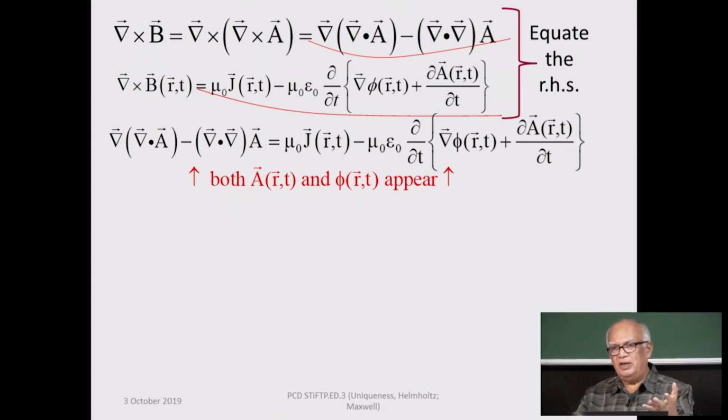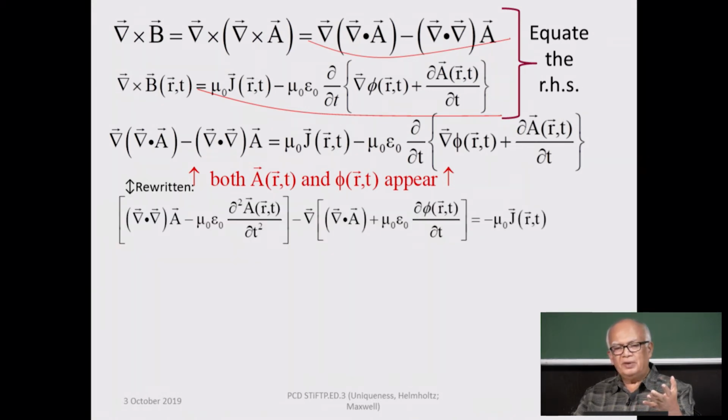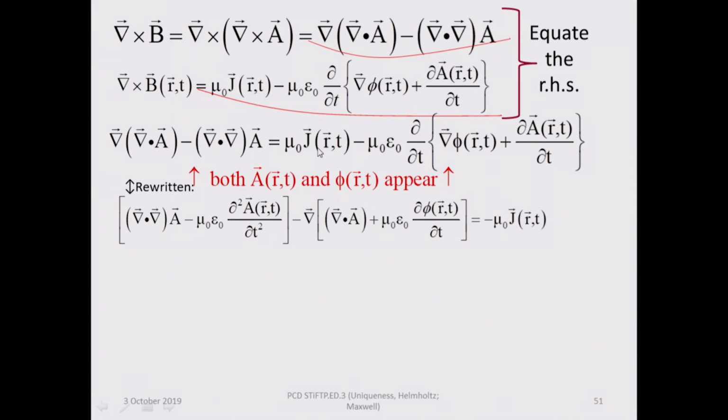It is a mess. How do you get them if you do not know either of them? So, this equation you just simply rewrite. I have only put the mu 0 J term on one side with a minus sign and all the other terms on the left side. So, this is no different from the previous one except for the rearrangement of the terms.